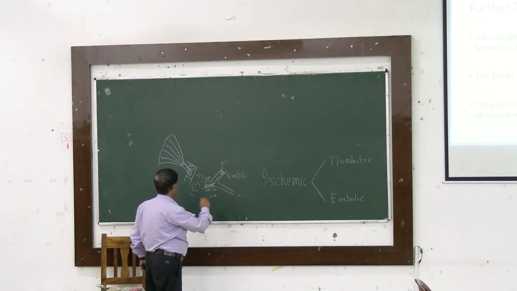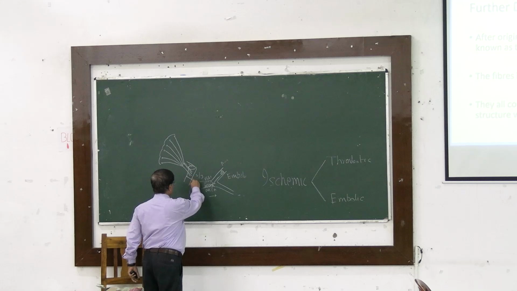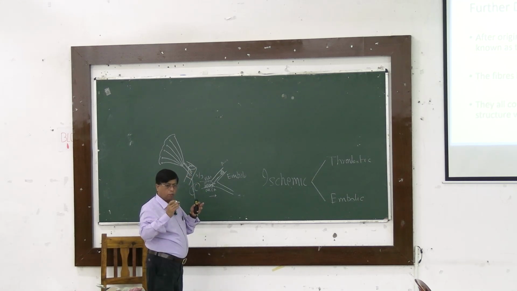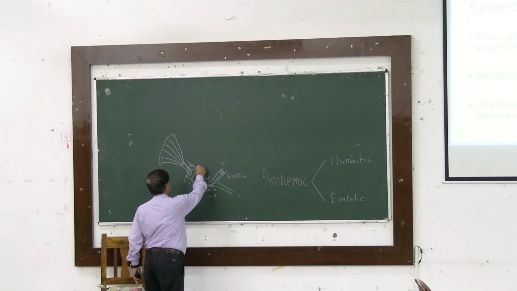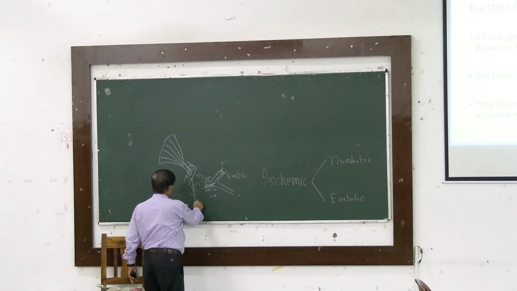We will come to the structure of the internal capsule. From the internal capsule, it will come down. There is a compact pyramidal tract structure between the thalamus and the caudate nucleus. The picture is there, I will show you. Thalamus, caudate nucleus and the substantia nigra here. Then it comes down to the midbrain and to the medulla.